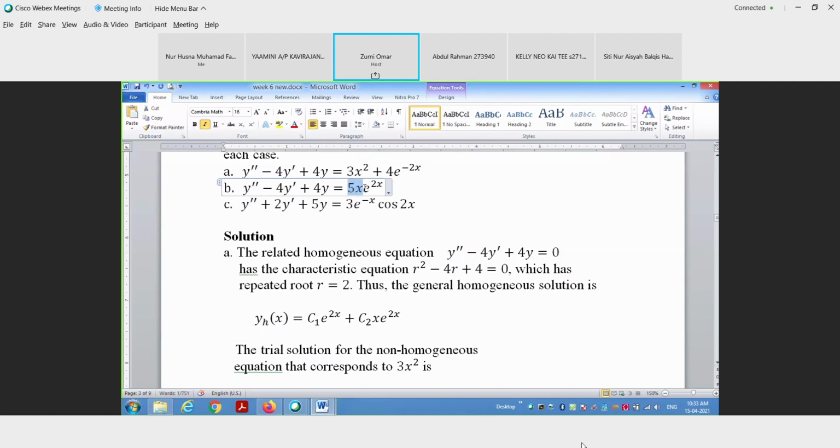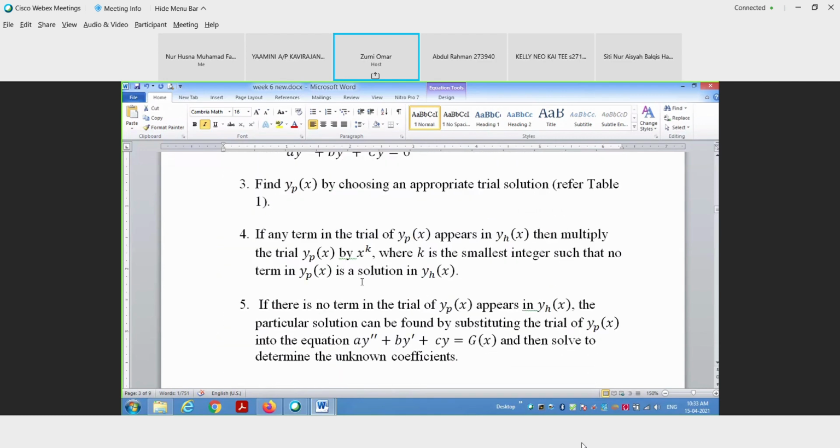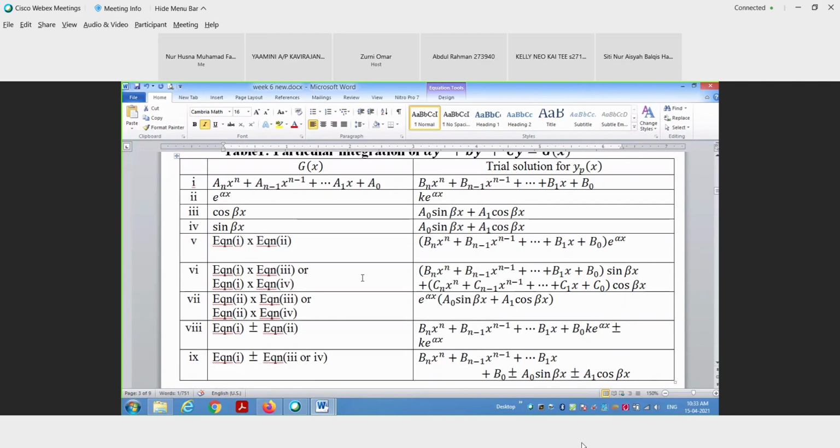You multiply with exponent, so it's a combination of exponent and polynomial. When you refer to this table, you multiply the polynomial and the exponent, so you have this form.